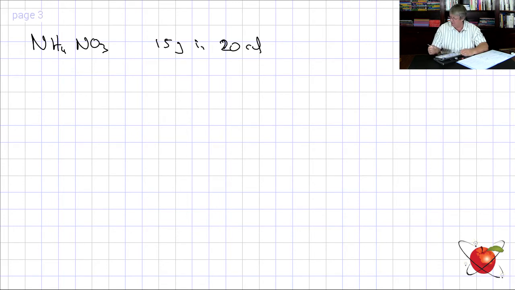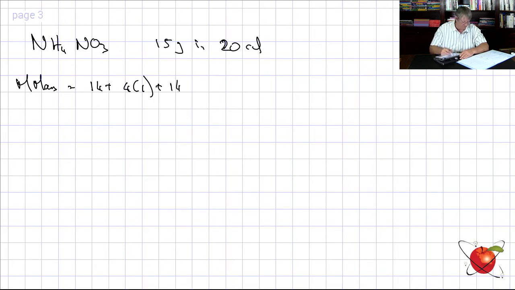Okay, well, how do we go about this one? Same, always when in doubt, find moles, right? So let's go for molar mass. Molar mass of this is going to be 14 plus 4 times 1 plus 14 plus 3 times 16.